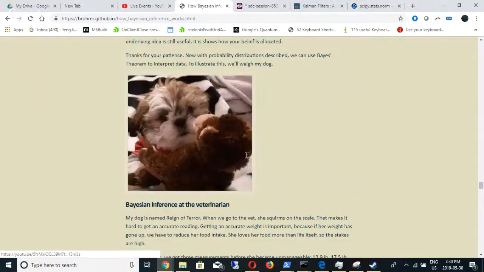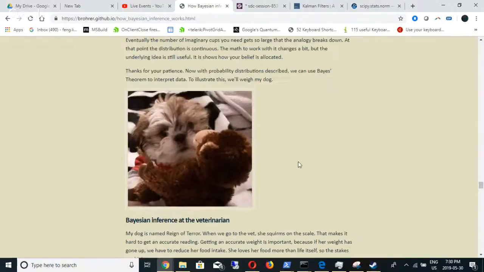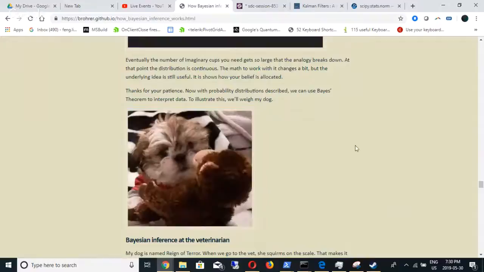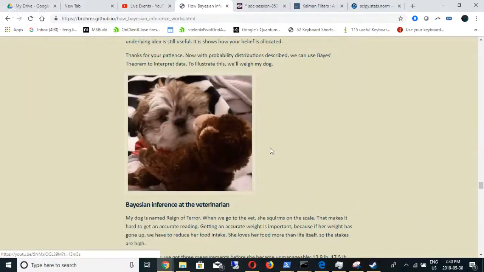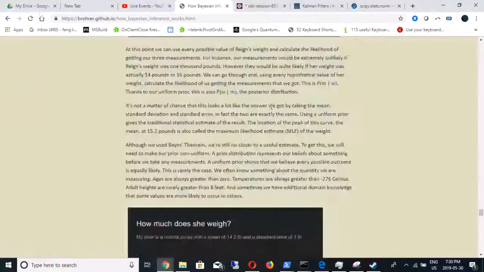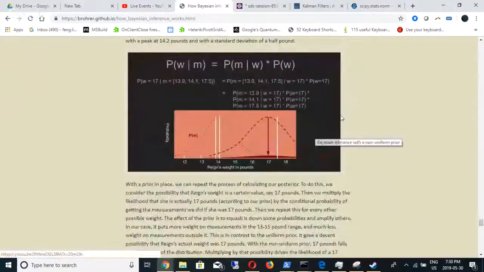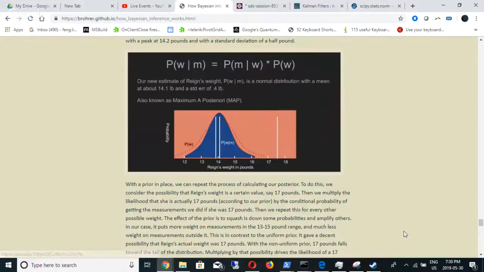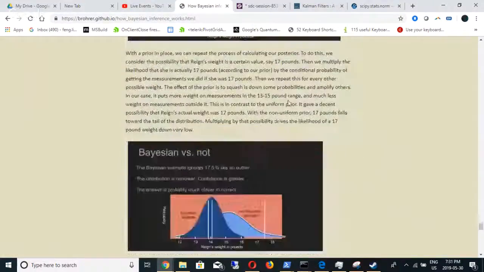The three measurements didn't add up together; they were far apart. And by using Bayesian inference, they were able to infer what's most likely the dog's weight. So you can think of this as a different application of Bayesian inference, and it's very similar to the Kalman filter example you guys were exposed to.